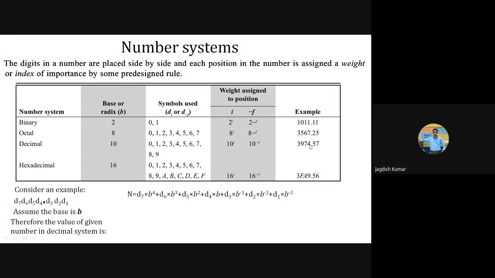How we write this number as itself is like 3 into 10 raised to the power what? 3, right? What is the weight for 3? It is 10 raised to the power 3, correct? Then plus 9 into, what is the weight for 9? 10 raised to the power 2. So accordingly, 9 into 10 raised to the power 2 plus 7 into 10 raised to the power 1 plus 4 into 10 raised to the power 0 plus 5 into 10 raised to the power minus 1 plus 7 into 10 raised to the power minus 2.